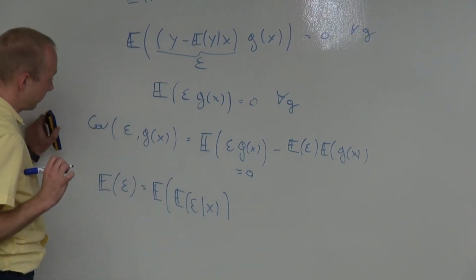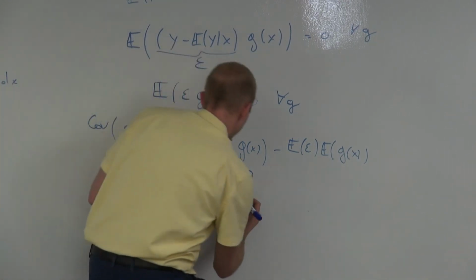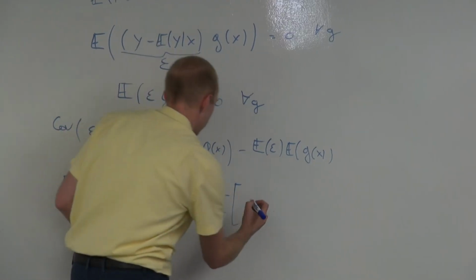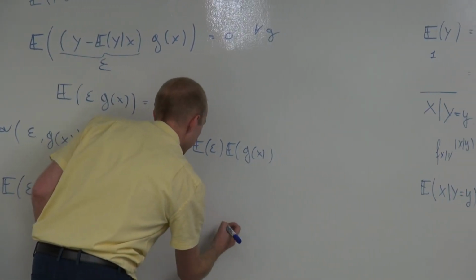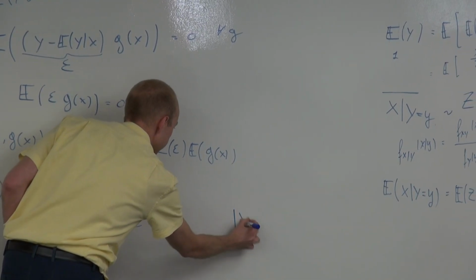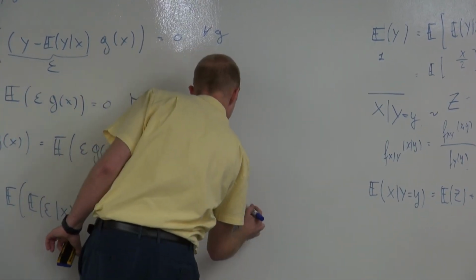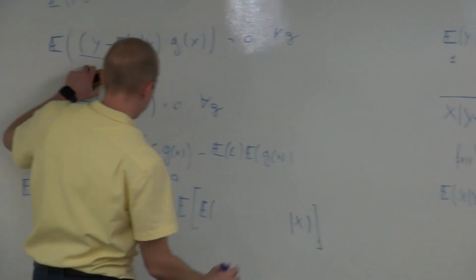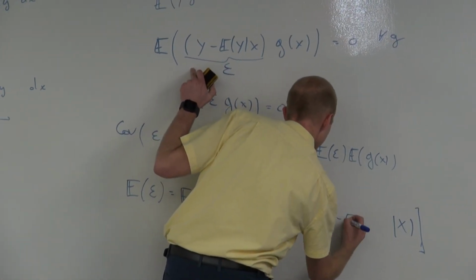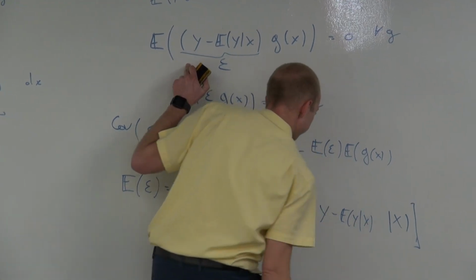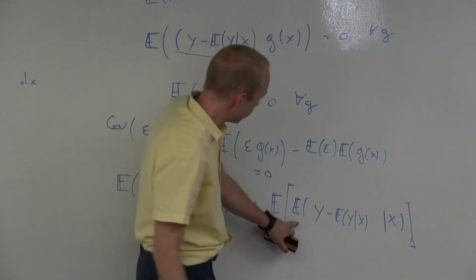So this is the expected value of the expectation where I put what epsilon is given x. And my epsilon is this. So you see what happens here?